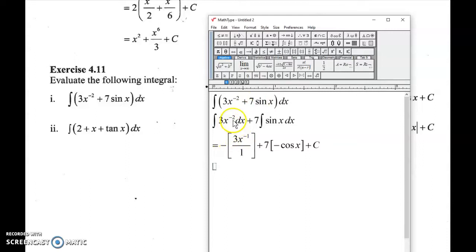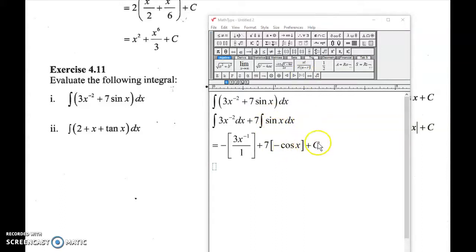So we have negative 1 as the power and another negative 1 as the denominator. This is how we write it down. As for this one, we don't need to integrate 7, since it is outside the integral. So we just integrate sine, which becomes negative cos.